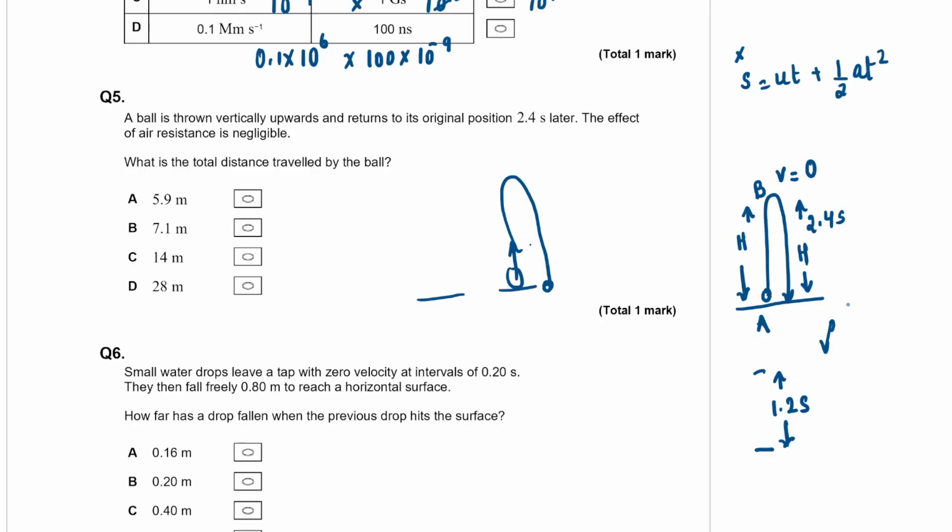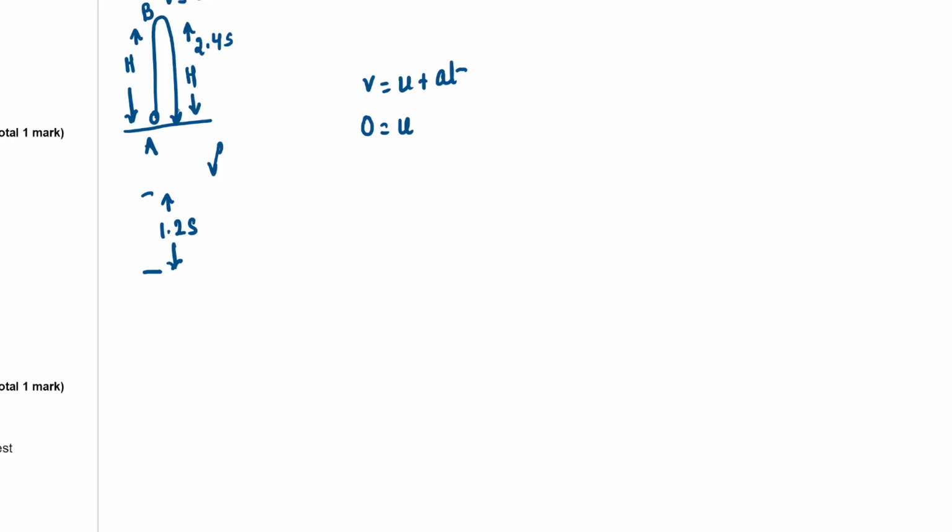let's see. So I have v equals u plus at. Final velocity is 0. It was thrown upwards at u speed. Gravity is minus. Now, why is gravity minus? That's one question.